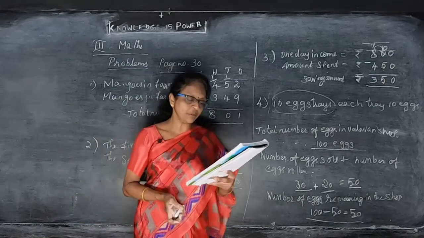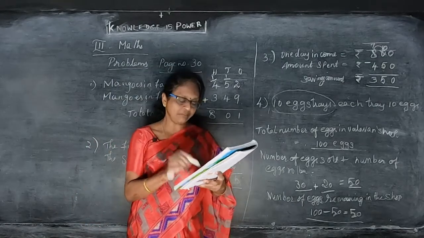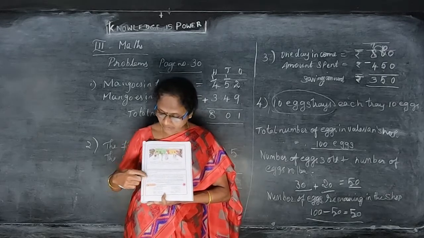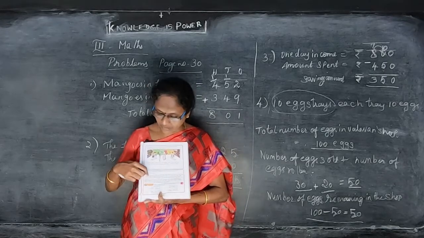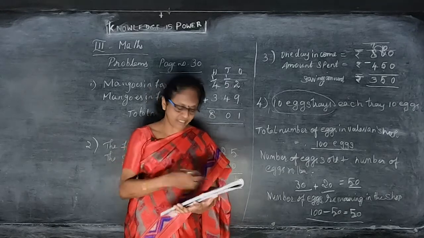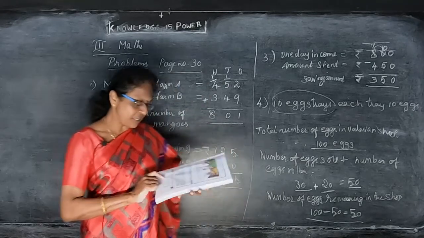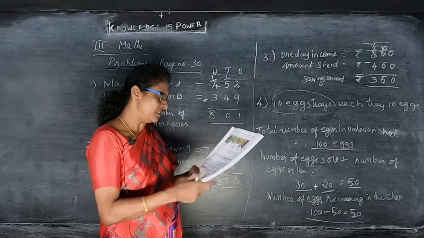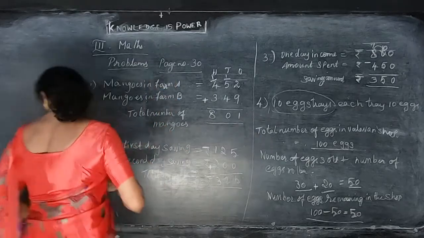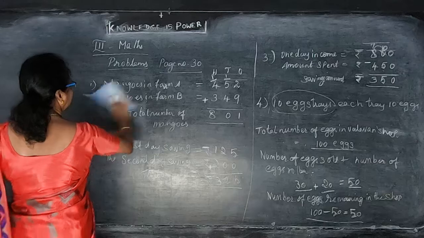Next one, frame the questions related to the given addition and subtraction facts. Here also they have given the numbers, 281 plus 240, and here 352 minus 158. So we have to frame questions for this. Frame questions for the given addition and subtraction facts. So we'll see it now.